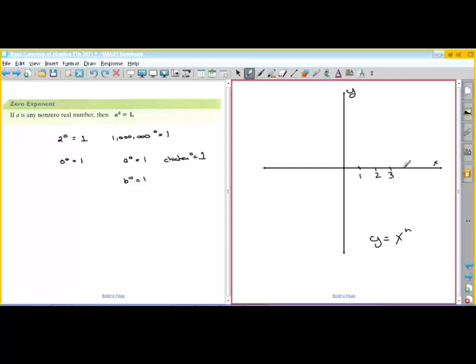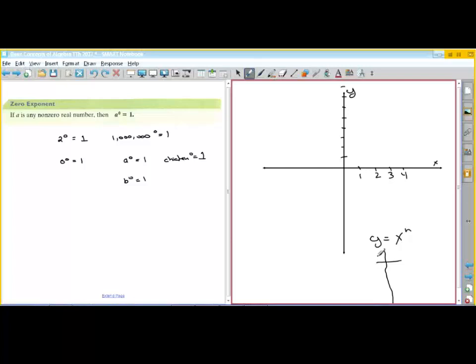So this is 1, 2, 3, 4 and we'll do 1 through 8. Let me just draw a table.